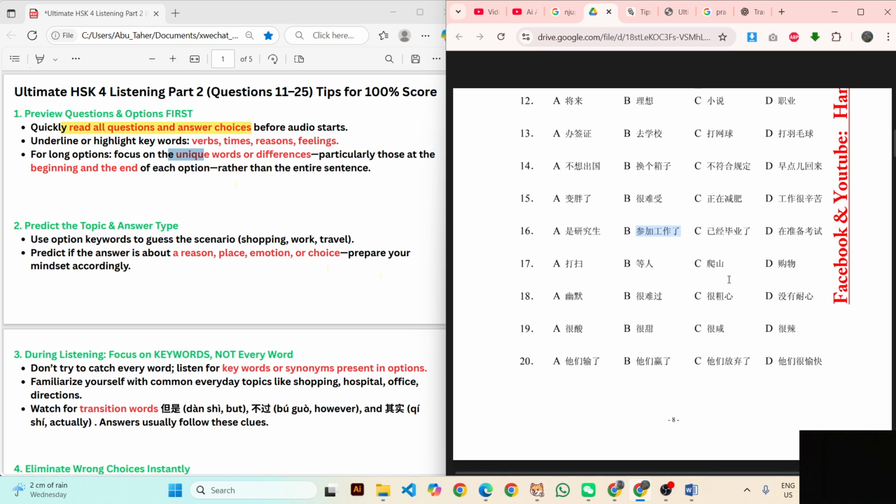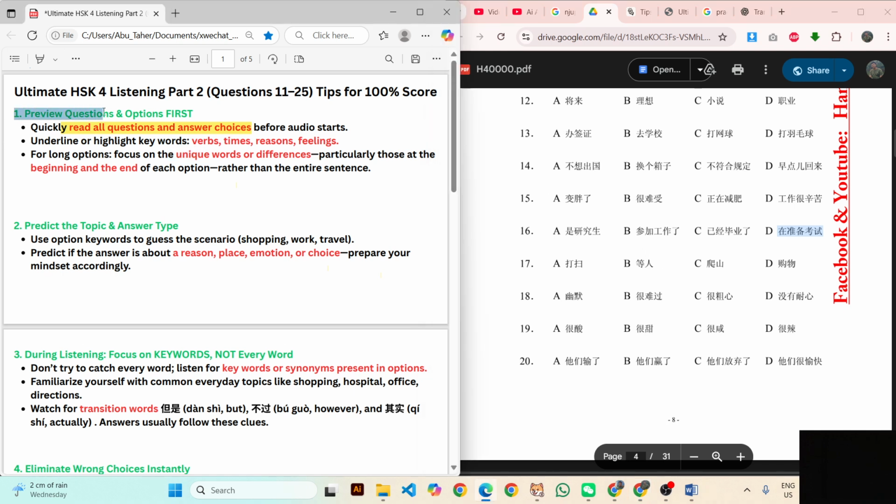If we hear any keyword related to these options, then we can select it as the correct answer. So here, which one is the keyword? Biye. This is about graduation. Here, junpei. So I hope you understand. This is the best tip for you for the HSK4 exam.